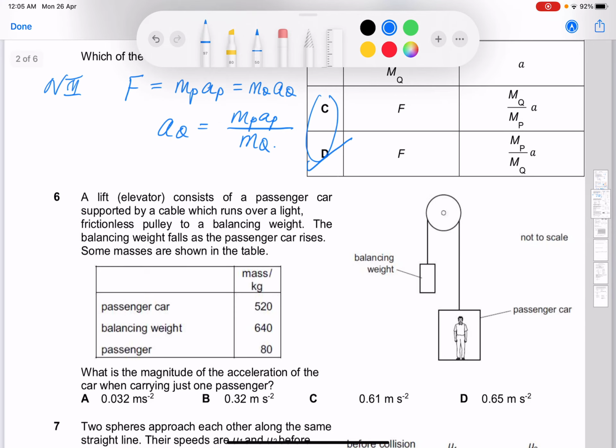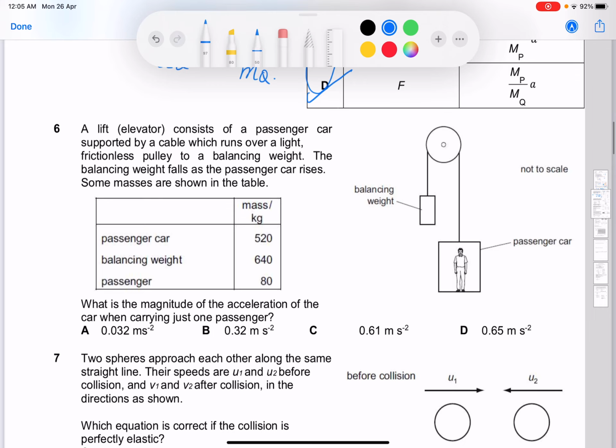Question 6. You have a balancing weight, which balances a passenger car. This is more tedious. You have to work it out using free body diagrams and Newton's second law. Let's look at the balancing weight. For the balancing weight, there is a mass of 640, so the weight here is 640 g.